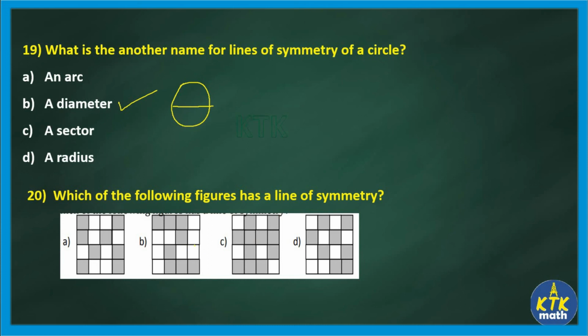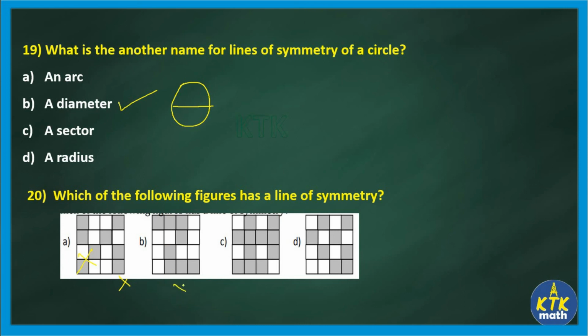Here four options are given with 16 grids, and a few are shaded. Look at each and every diagram and tell me where it is possible to draw lines of symmetry. A, is it possible? A is not possible. And what about B? B also, I don't think so.